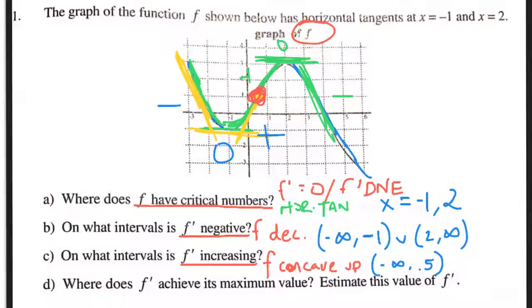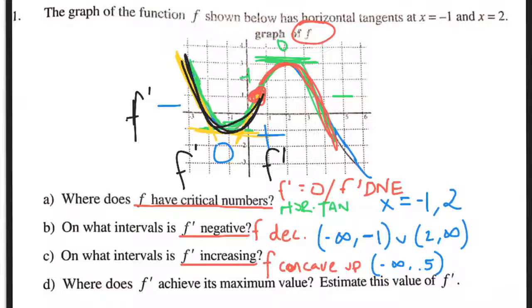See, f prime was negative there, f prime was 0 here, and f prime was positive there. So f prime was increasing on this interval, and then on this interval, f prime goes from positive to 0 to negative.